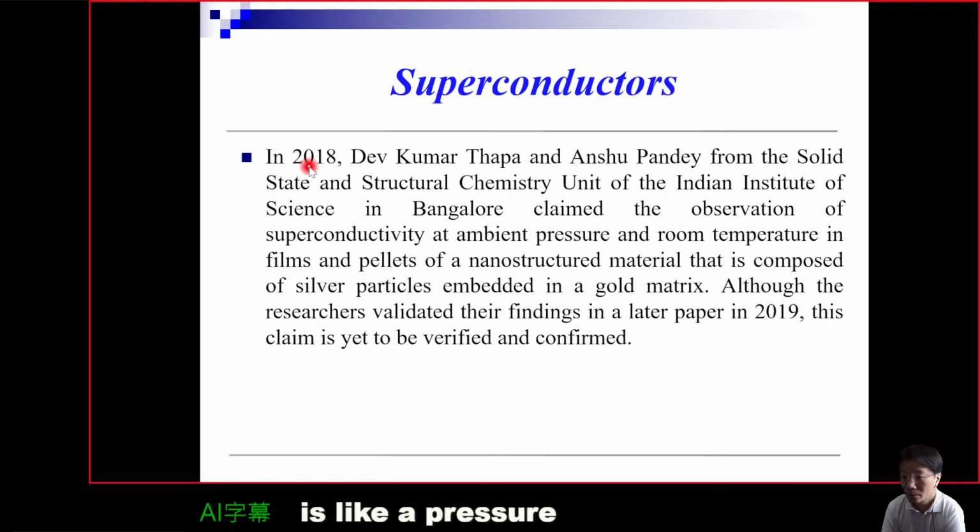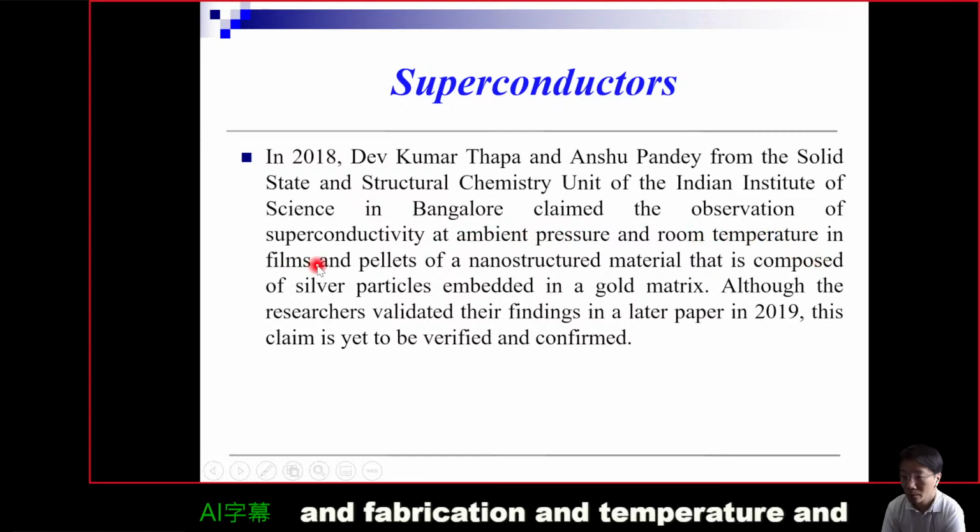So in 2018, just 4 years ago, these guys from the Solid State and Structural Chemistry Unit of the Indian Institute of Science in Bangalore claimed the observation of superconductivity at ambient pressure at room temperature. And what kind of sample?